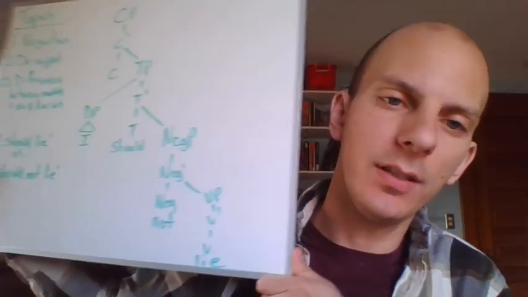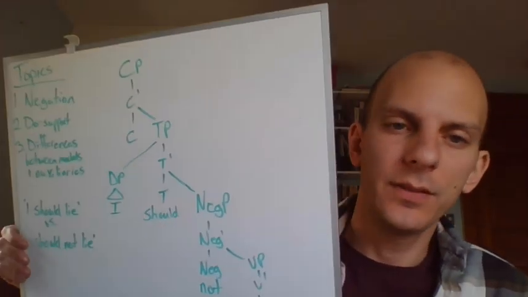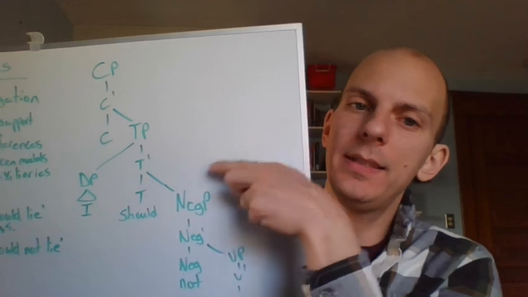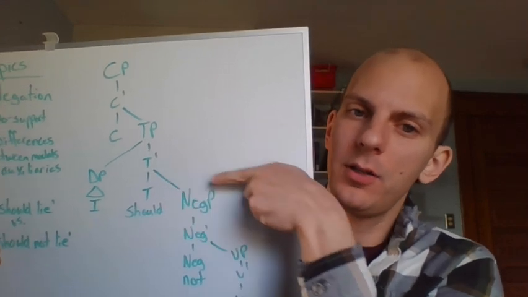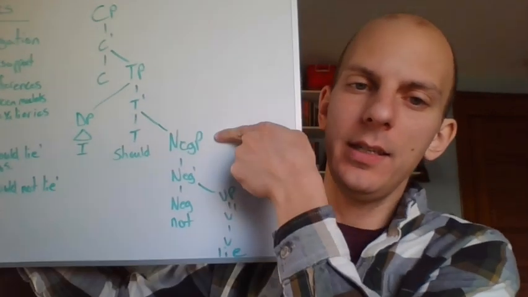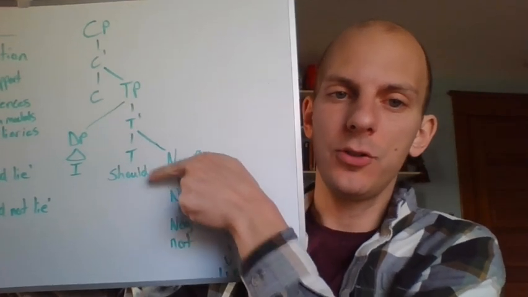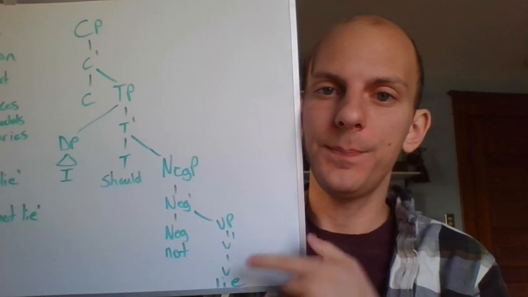Awesome. So here we go. I'm going to show you what that negation looks like. We have the same thing up top with our I and should, but instead of T bar going to a VP, here we put something in the middle. We put this between the should and the lie.